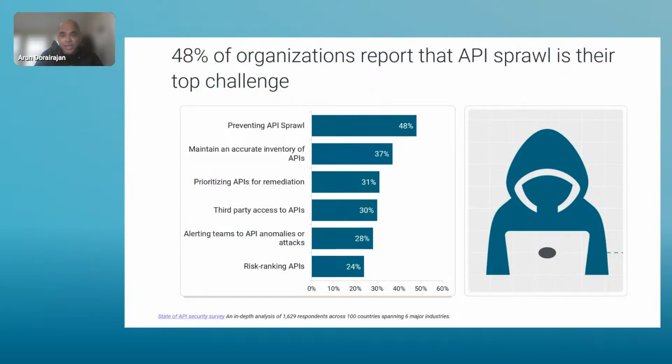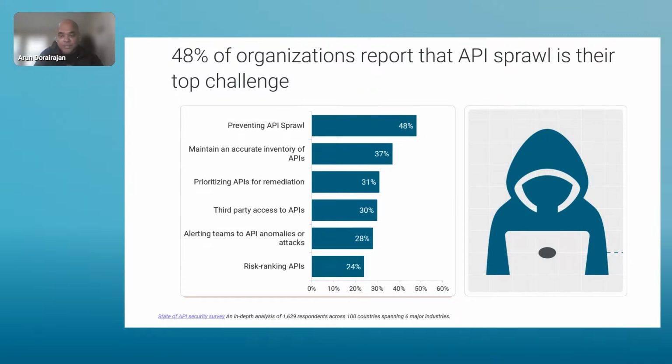And this is the reality. I wanted to show you a chart here that shows how almost half of organizations today say the number one challenge is API sprawl. And the sprawl is happening because of APIs spread everywhere, unmanaged APIs, and APIs in different cloud providers' environments as well.